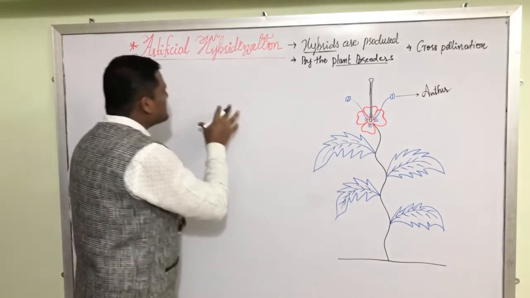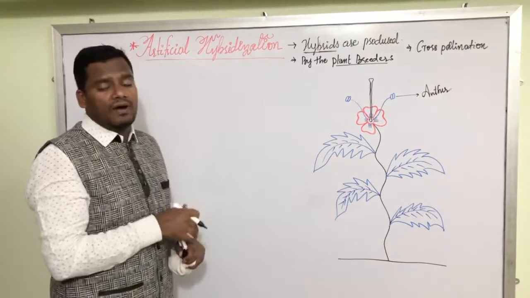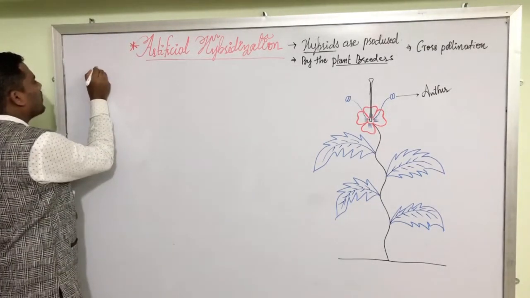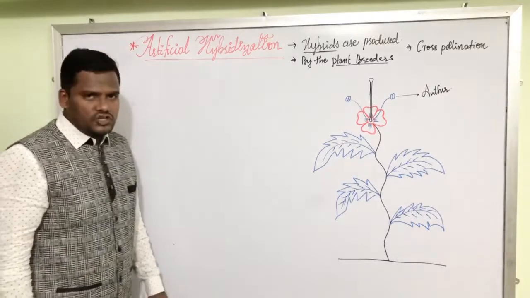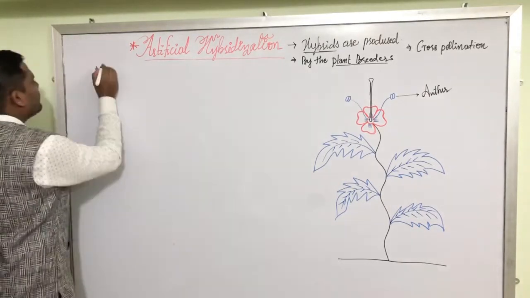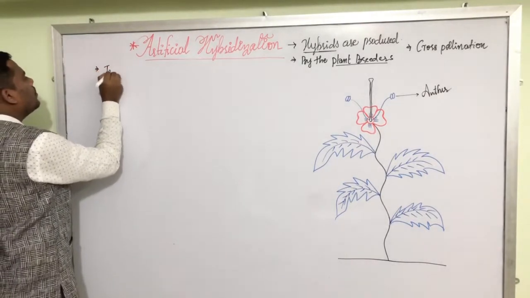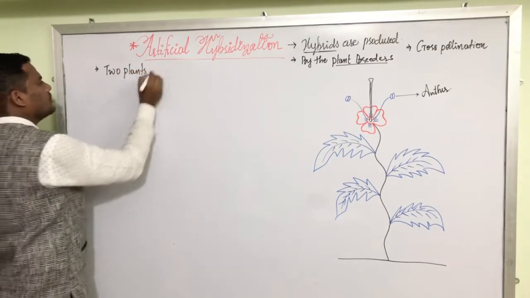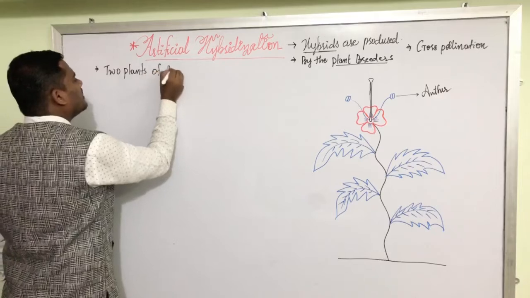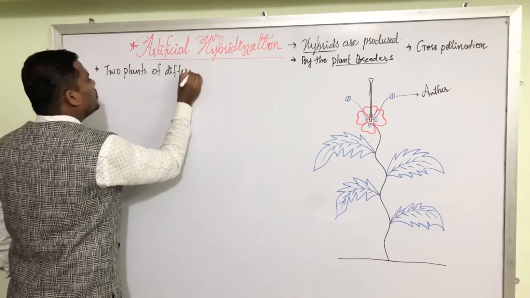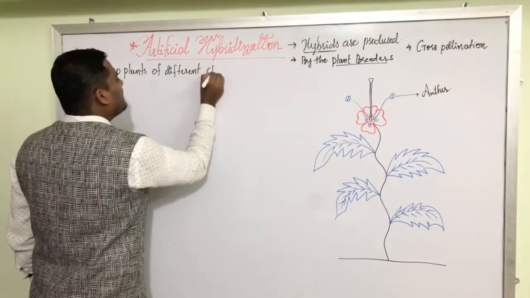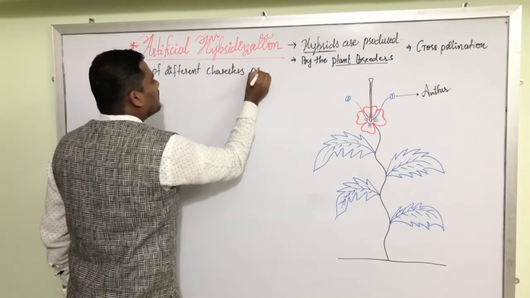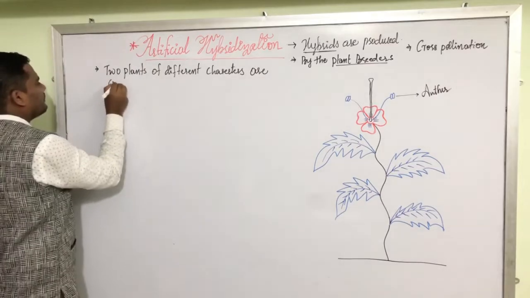Now, what is the scientific definition of hybridization? Hybridization is a process of production of hybrids in which two plants of different characters are crossed.